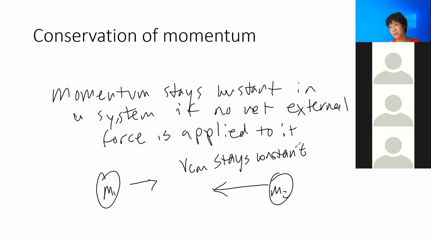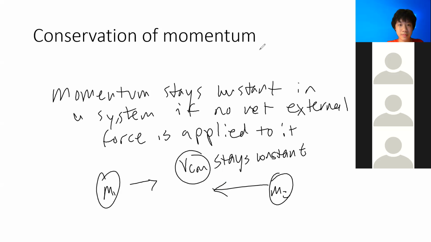Right? Since the momentum of these objects stays constant as a whole, then the velocity of the whole system stays constant. And that's where the center of mass comes in with momentum. So the velocity of the center of mass of a system stays constant when momentum is conserved.